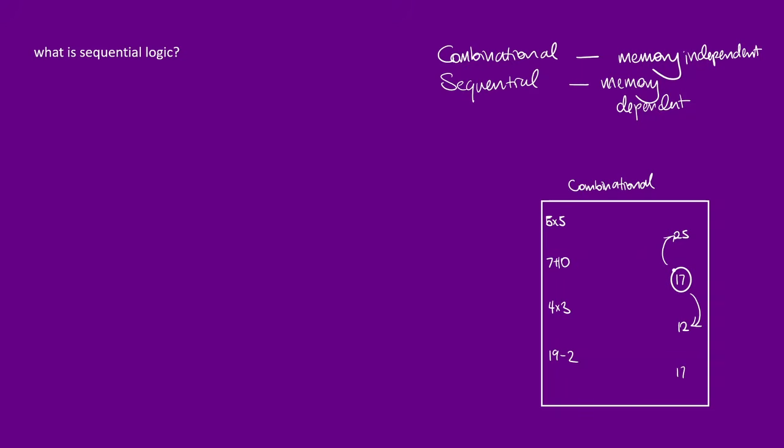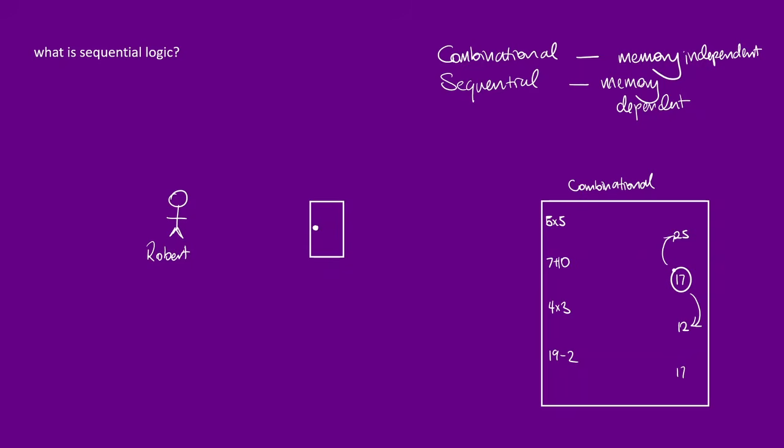But a good way to look at sequential logic circuits is to imagine an instruction that's very dependent on the type of feedback we get. Let's say we have someone called Robert, and Robert's instruction is to change the state of this door.